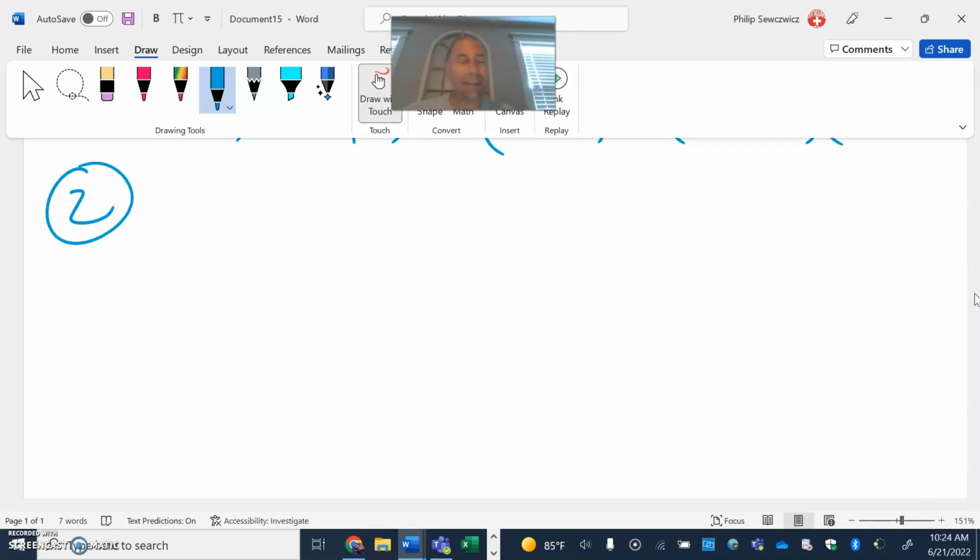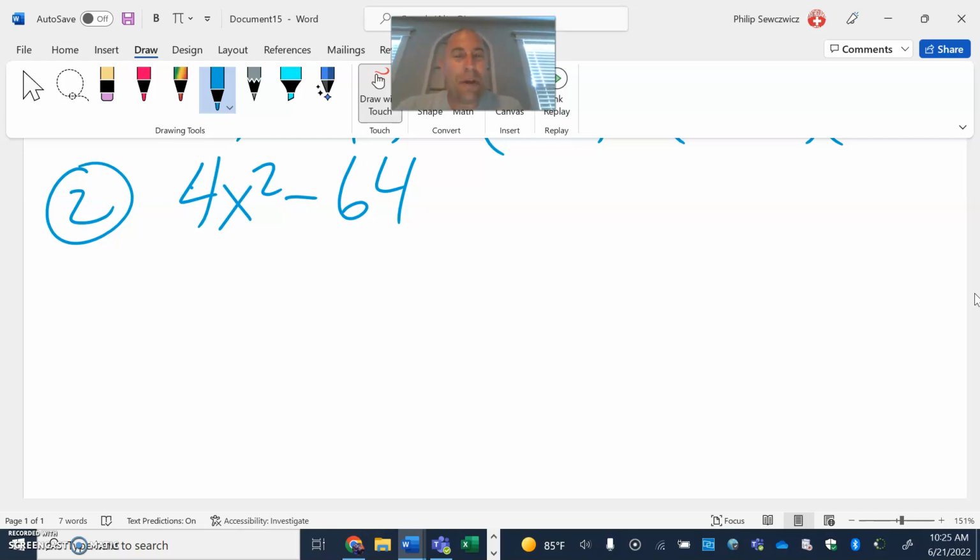Let's try something like 4x squared minus 64. All right, pause it, see what you can do. Okay, so 2 different ways of going about this.